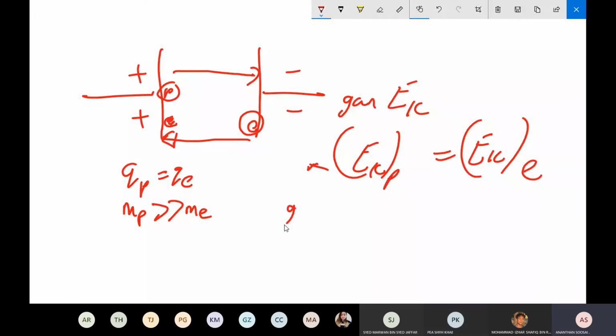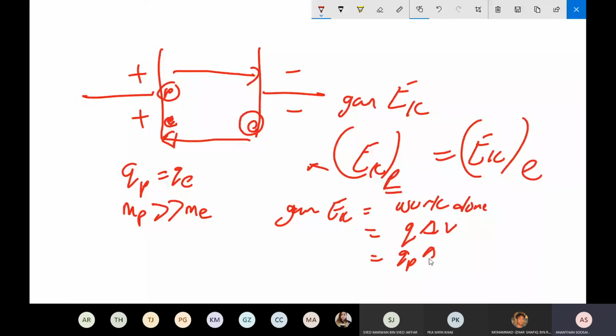Why is it the same? Because the gain in kinetic energy should be the same as the work done by the field. So the work done by the field is the charge possessed by the body times the change in voltage. The charge is the same for the proton and the electron, and the potential difference is also the same.